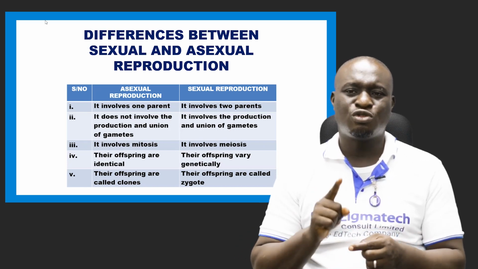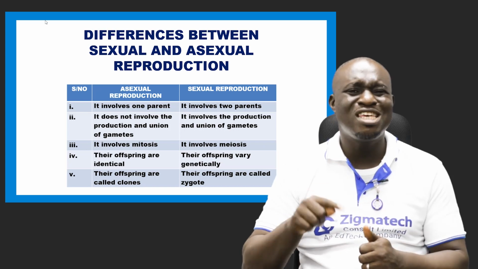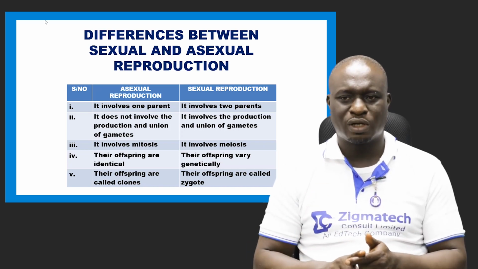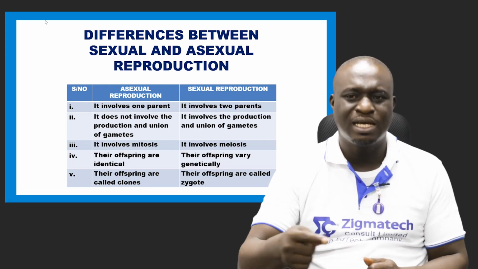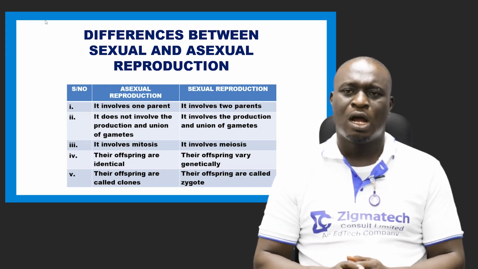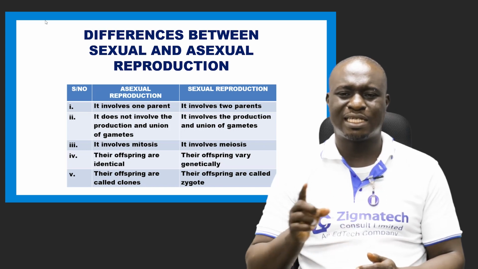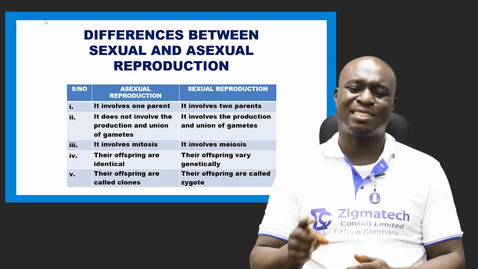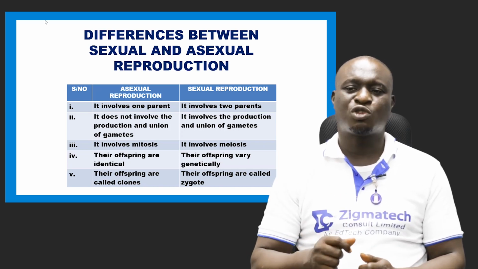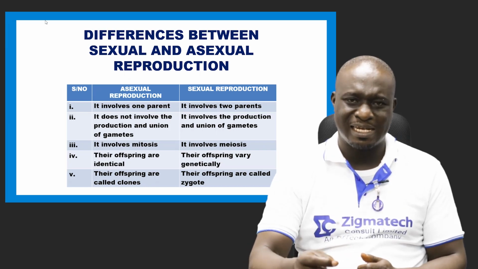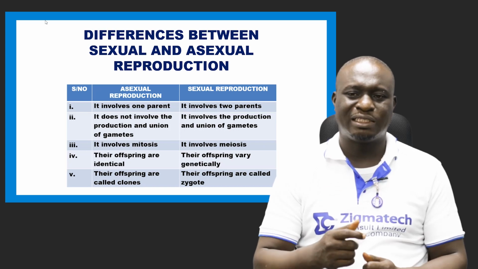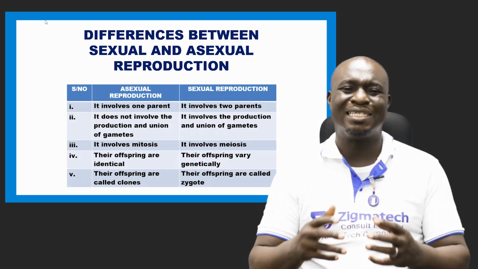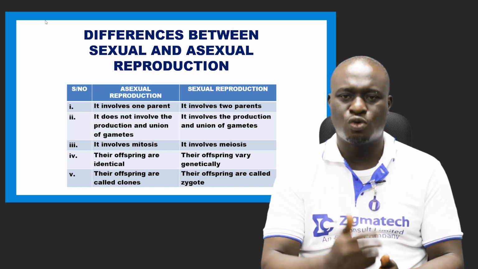Number 3, in sexual reproduction, meiosis is involved, but in asexual reproduction, it is mitosis that is involved. Another difference is that in sexual reproduction, the offsprings vary genetically, but in asexual reproduction, the offsprings are identical, and that's why we call them clones.